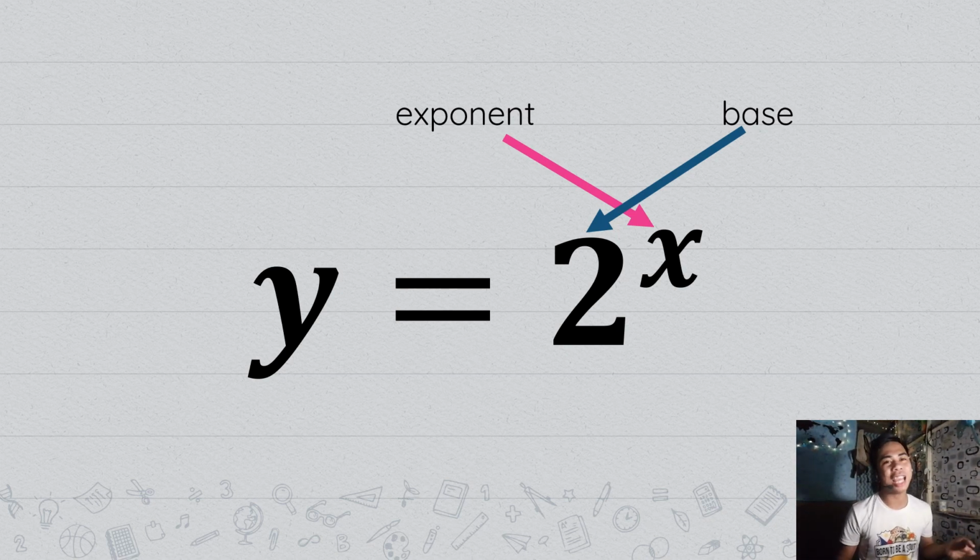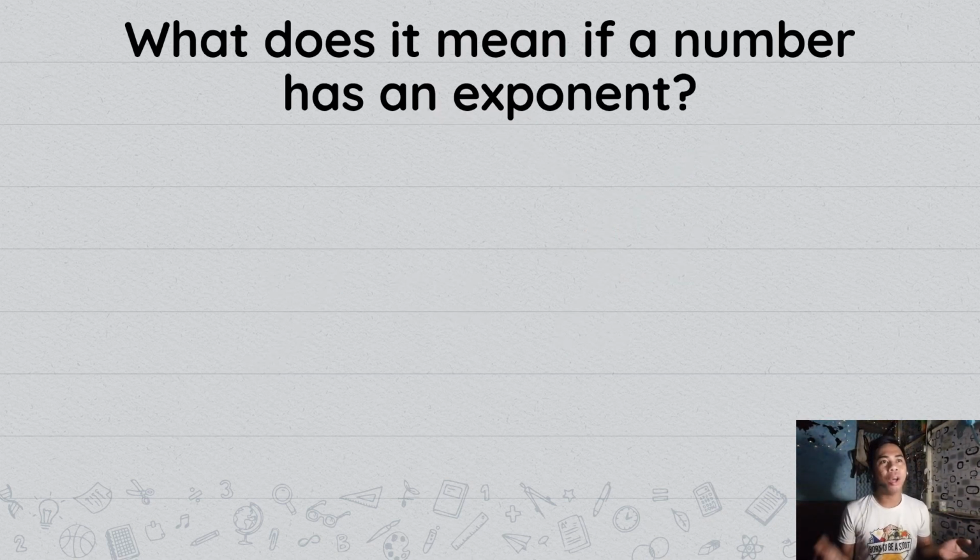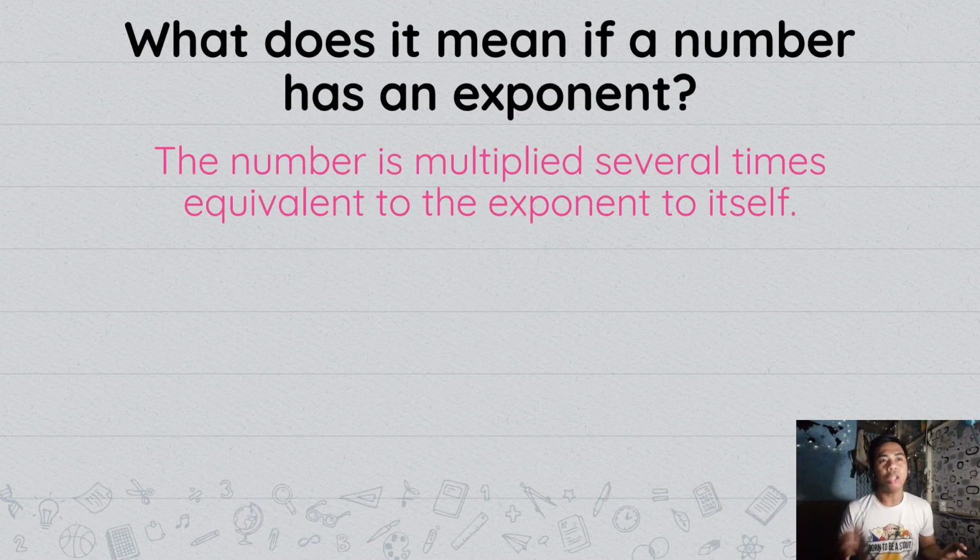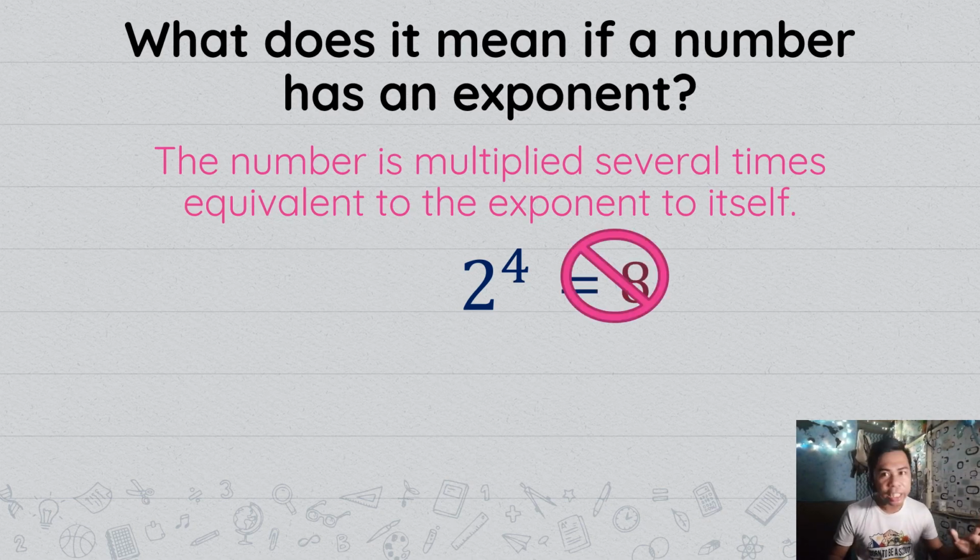It's basic actually, you know this. So what does it mean if a number has an exponent? The number is multiplied by itself several times, equivalent to the exponent. If we have 2 raised to 4, the answer probably is not 8.